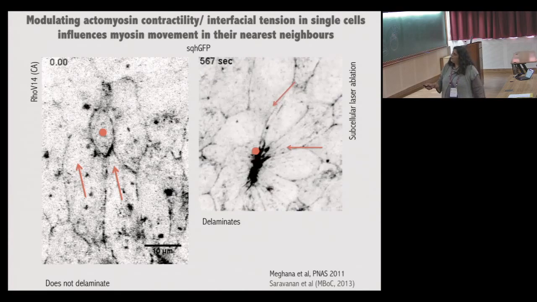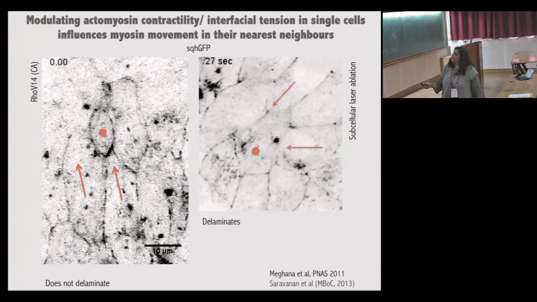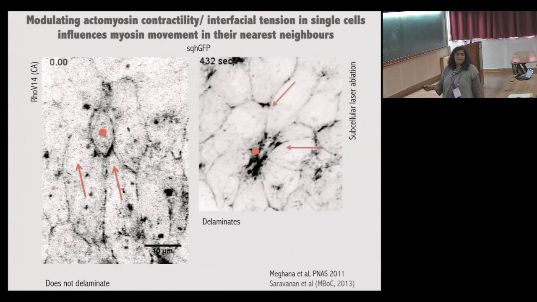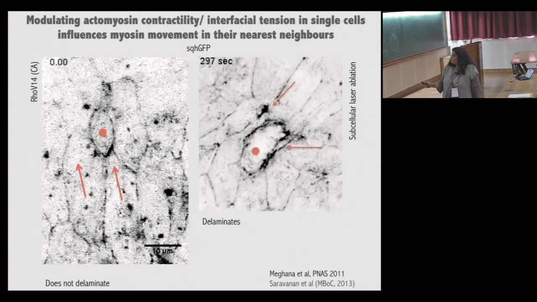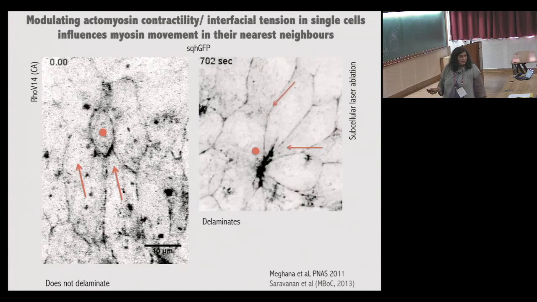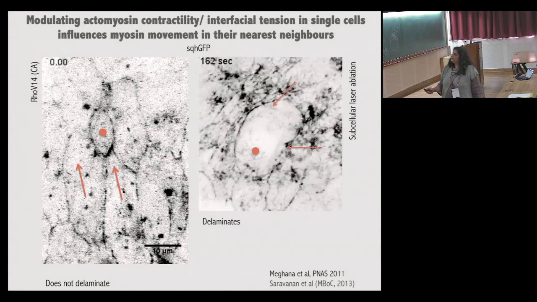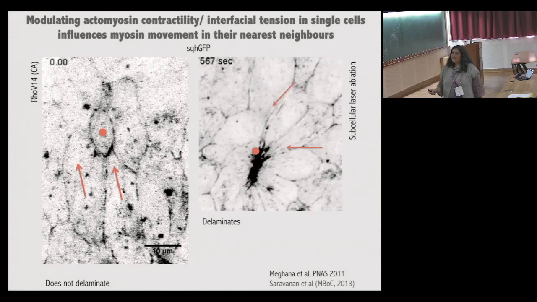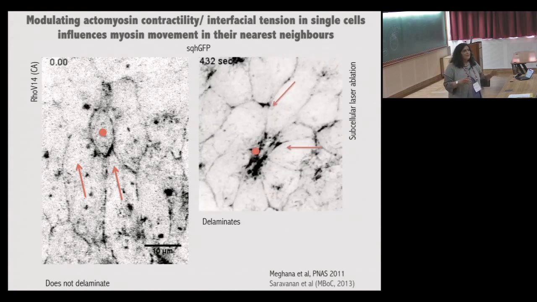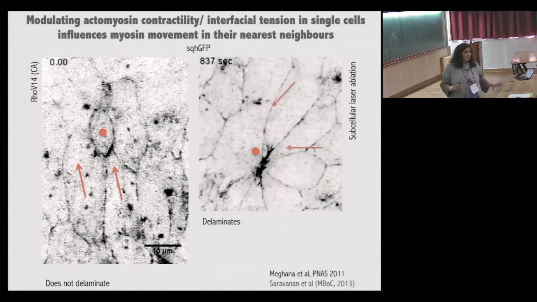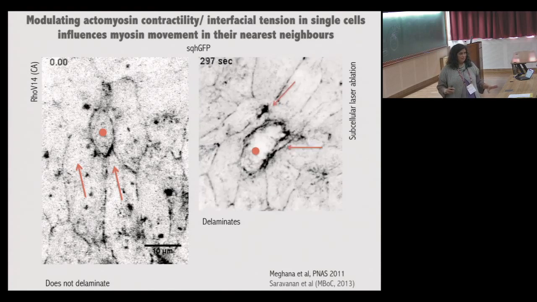Here, what we've done is to simply activate contractility in a single cell. Of course, the time scales are very different here. All I'm trying to say is that both of these perturbations can redirect actomyosin organization in the neighbors.